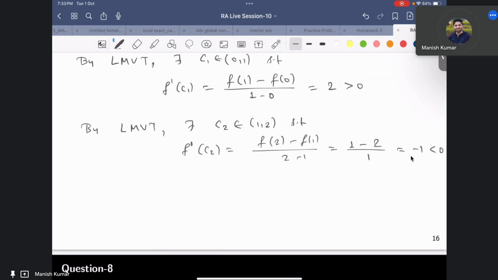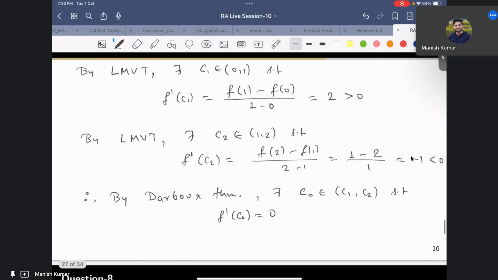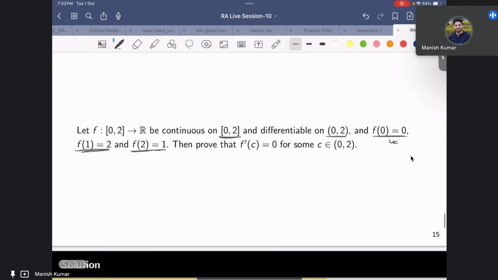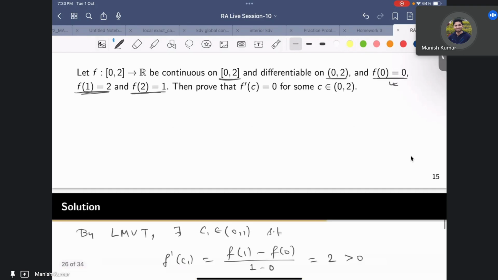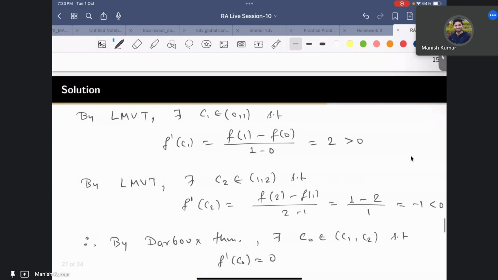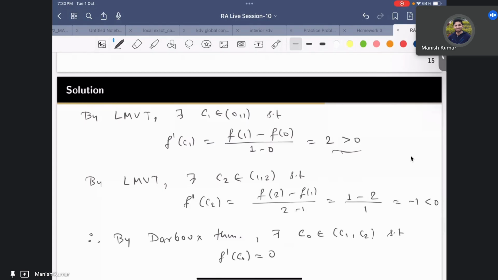Therefore by Darboux theorem, there exists some c0 belonging to c1, c2, such that f prime at c0 is equal to 0. Here we cannot use the same kind of argument, because at one point the difference was positive and at the other it was negative.